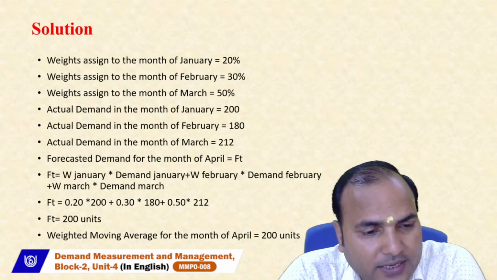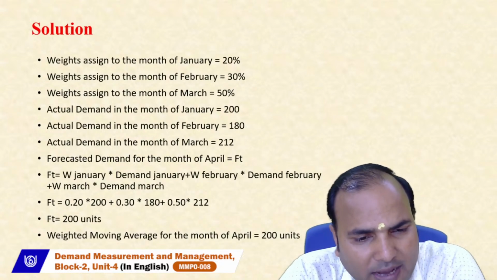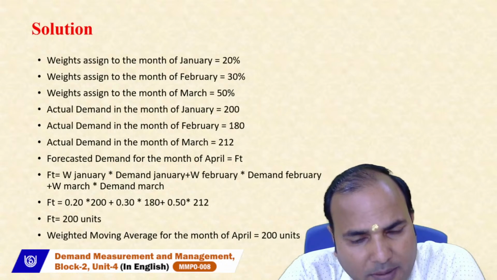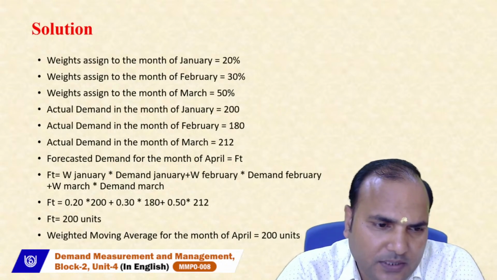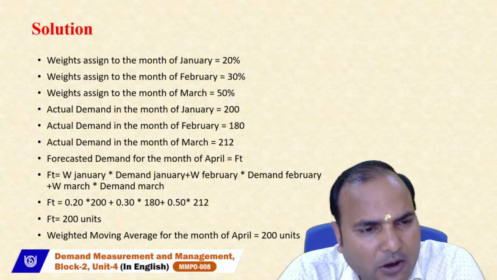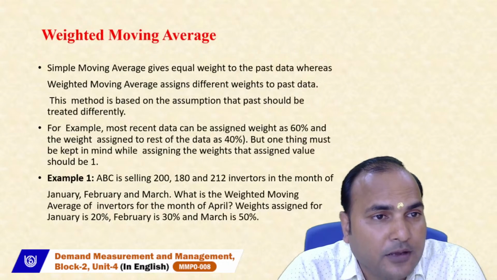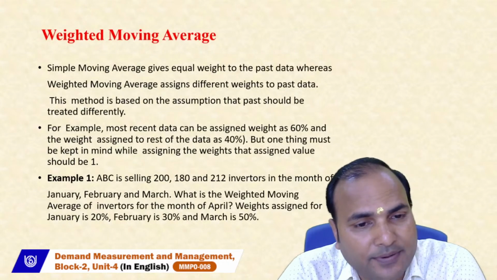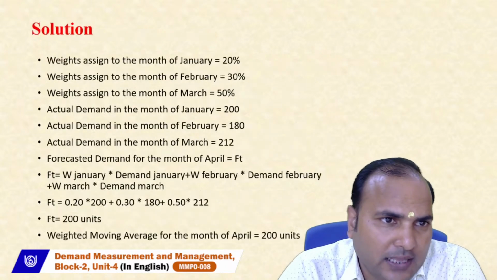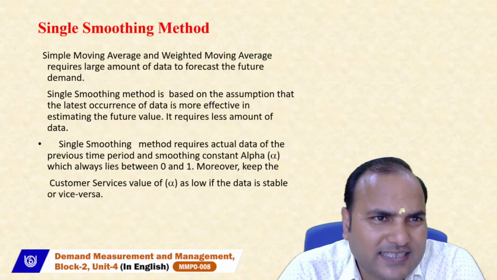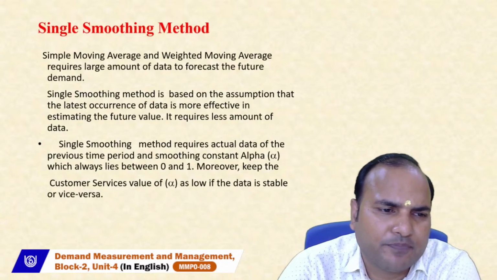So we can say the weighted moving average for the month of April will be 200 units. Okay, are you getting my point? How we are solving this question in the weighted moving average method? Clear?